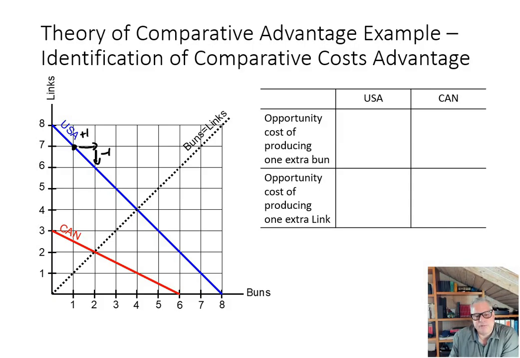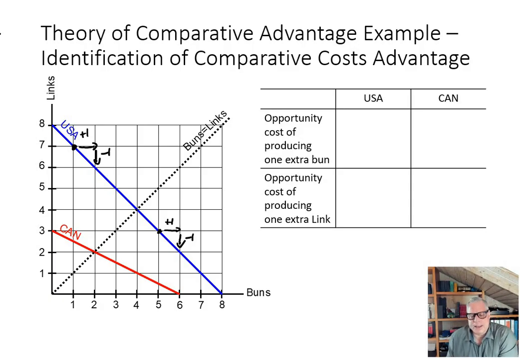And it doesn't matter if I do that here, even if the United States produced, let's say, 3 links and 5 buns, if I want to produce from this point 1 extra bun, plus 1, I can only do so if I give up a link.